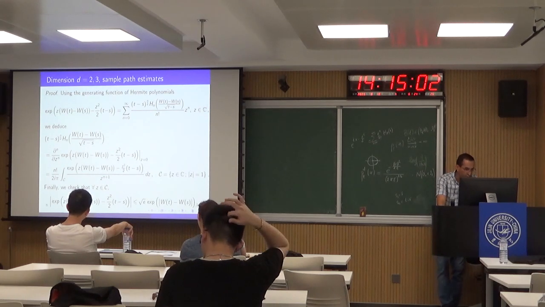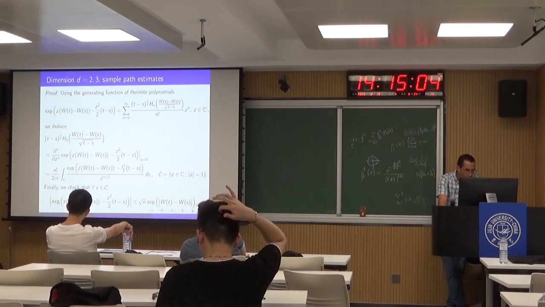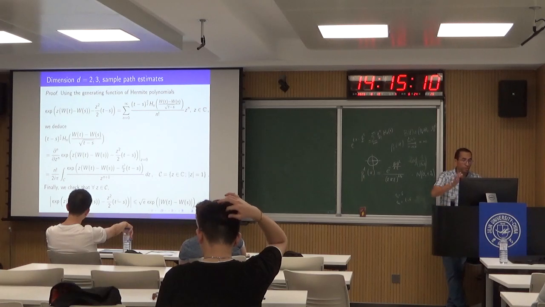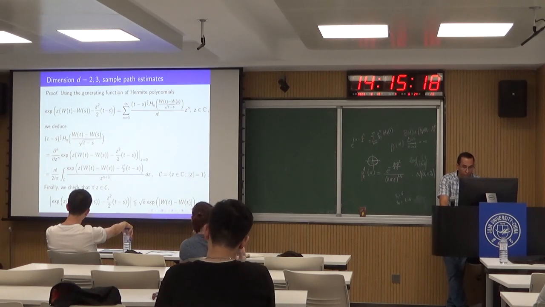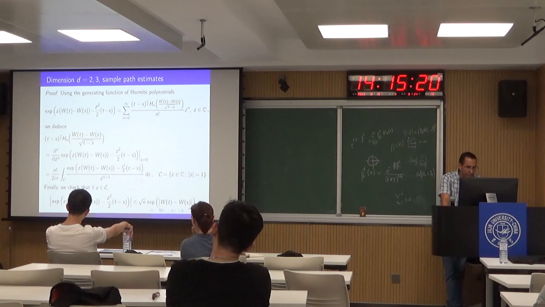It is a simple exercise with the exponent of z times something minus z squared divided by 2 times something, with modulus equal to 1, so you can find the maximum of this function. It's not hard to find this upper bound.